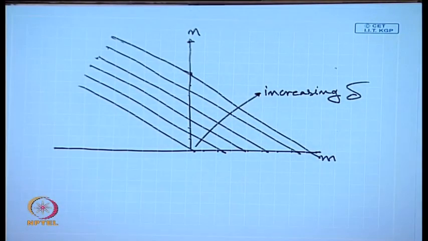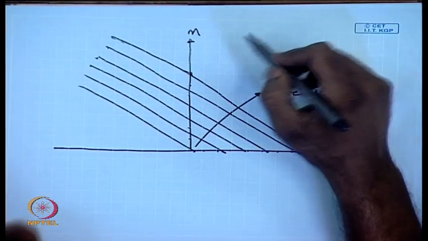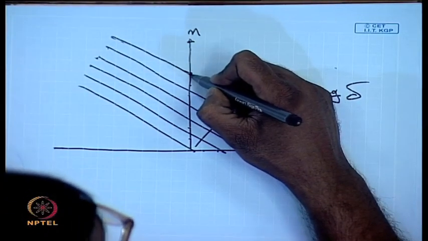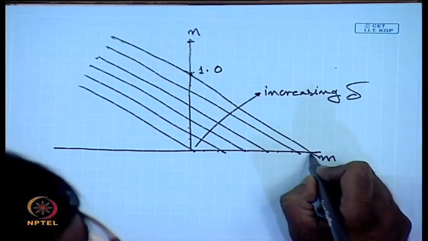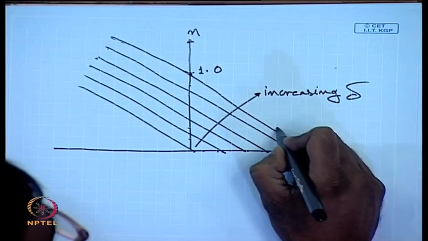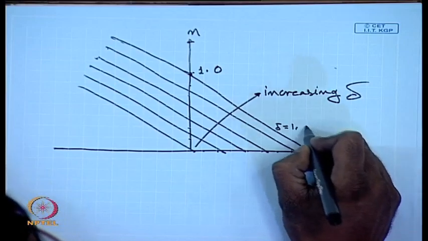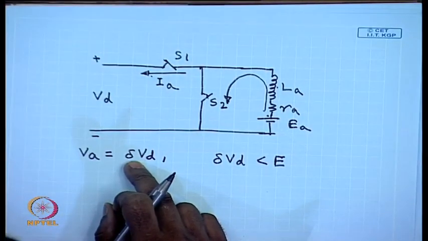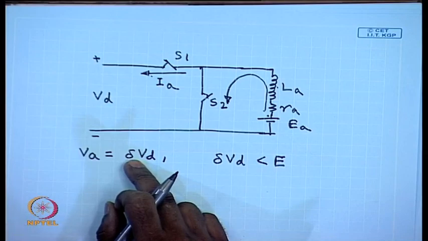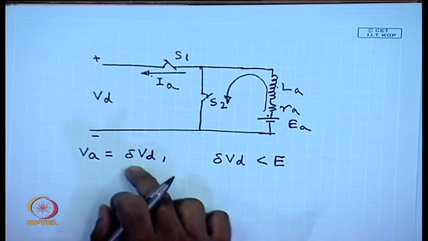So, one advantage we see of using a chopper is that regenerative braking is now possible even below base speed. This is n equal to 1.0 corresponding to the base speed. This is because the effective voltage applied across the DC machine can be controlled by controlling the duty cycle delta.